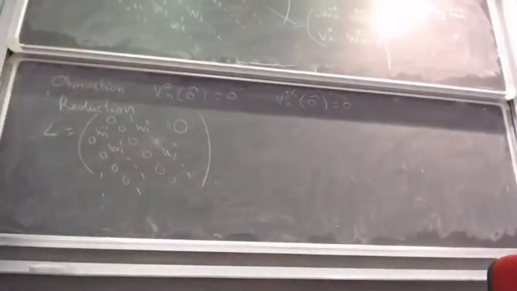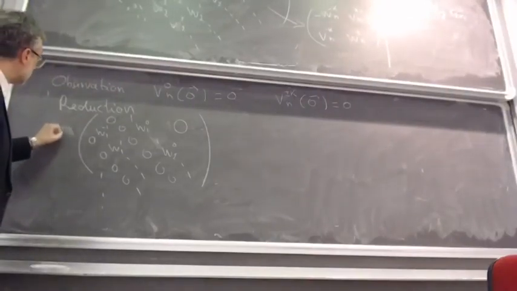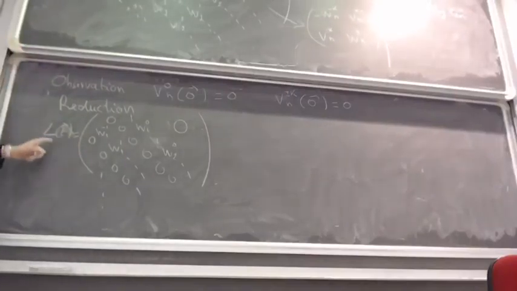So essentially we consider a reduction where we assume that the matrix L preserves this structure of the initial condition.